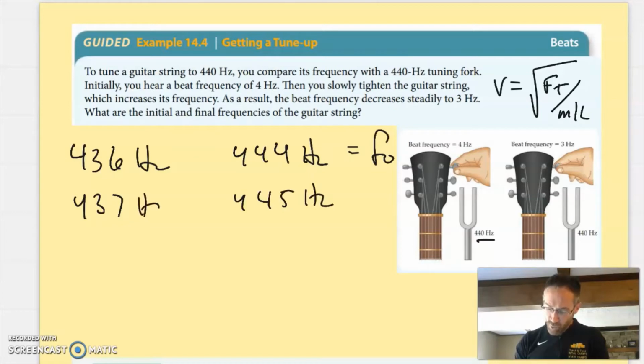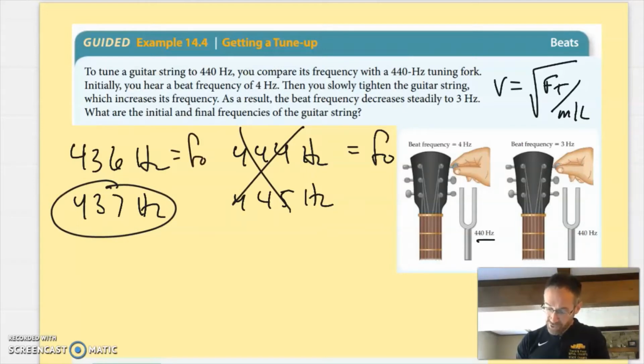And only one of those is giving me 3 beats with the 440 hertz tuning fork. And it's the 437. 445, 444, that's not going to work, it turns out. And so it turns out that the 436 hertz was the initial frequency of this guitar string, and now the final frequency is 437 hertz.